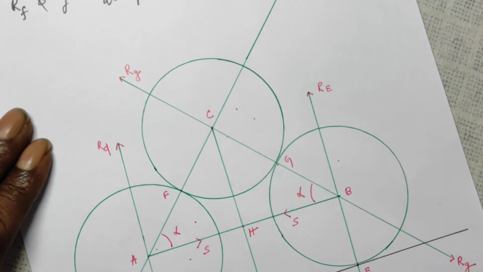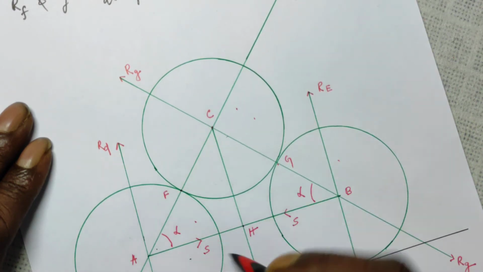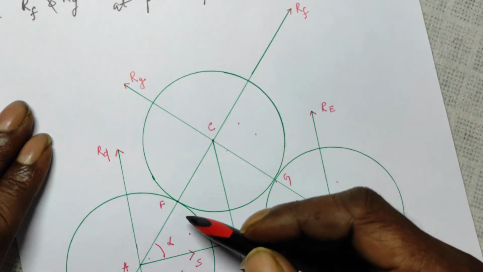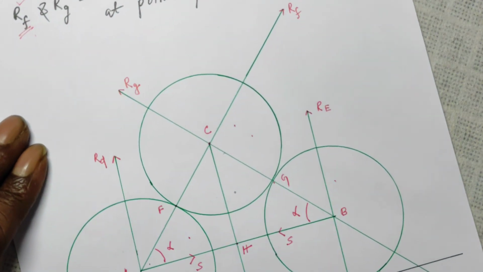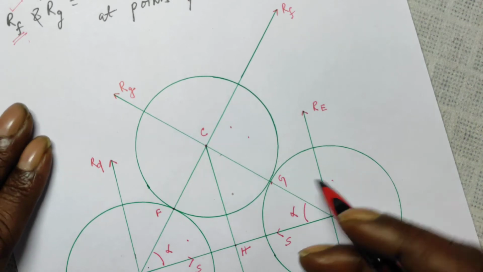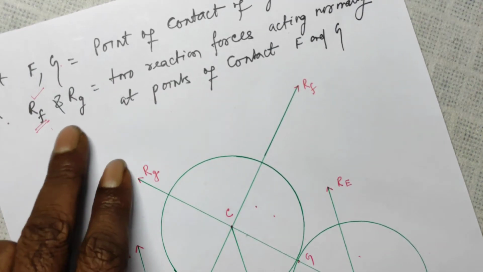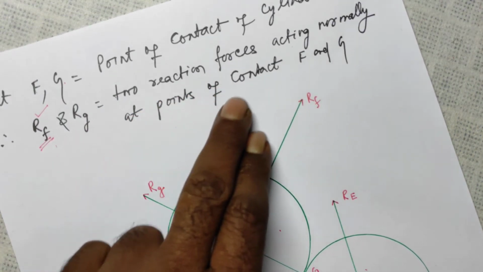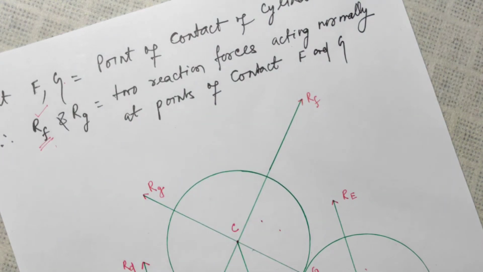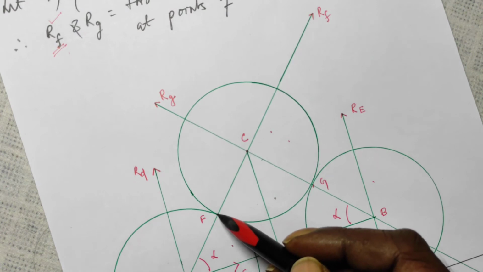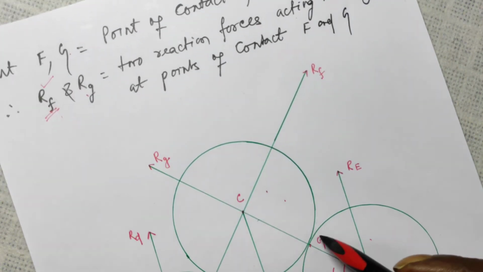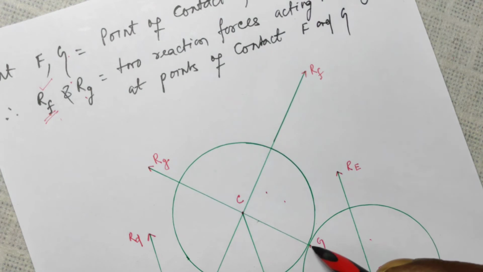Let RF and RG be the two reaction forces acting normally at the points of contact. Means RF is acting at point of contact F, RG is acting at the point of contact G.